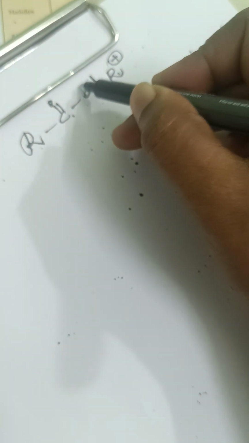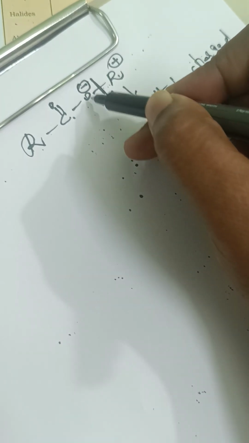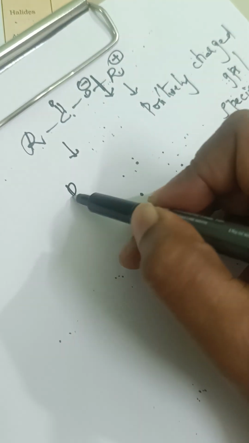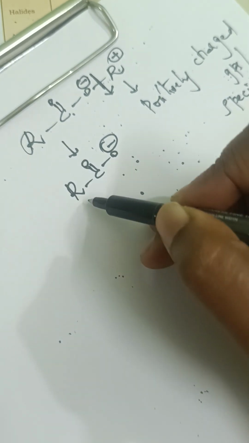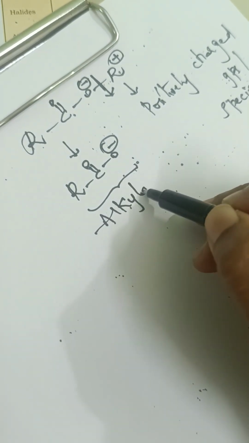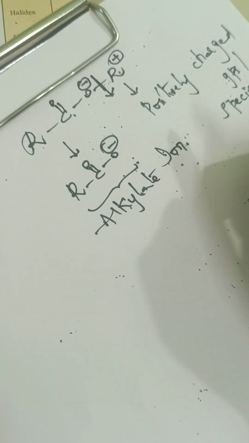Whereas here, the oxygen atom will acquire a negative charge because of its more electronegative nature. So we can write this as RC=O O minus. So this is nothing but the alkylate ion.